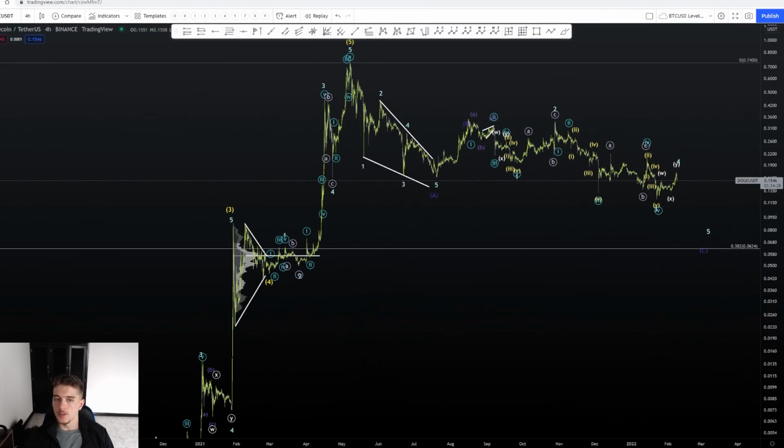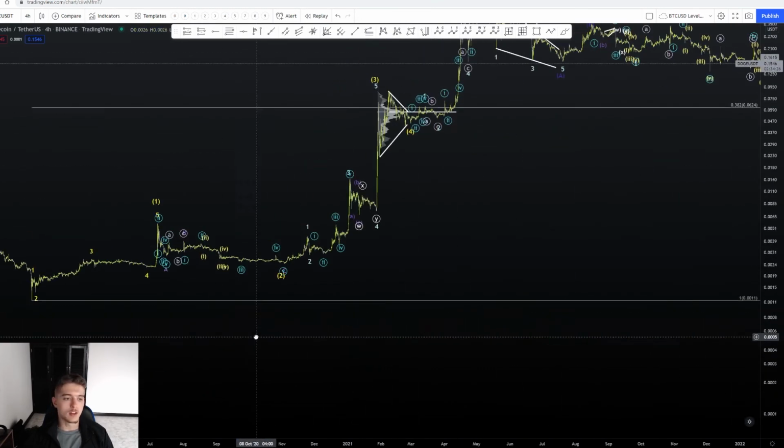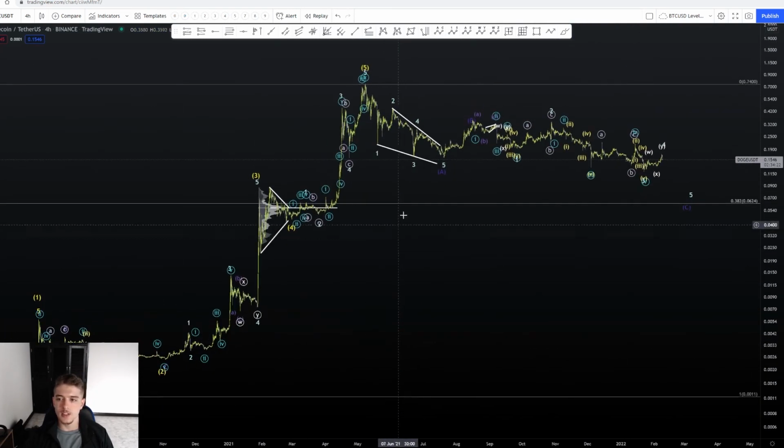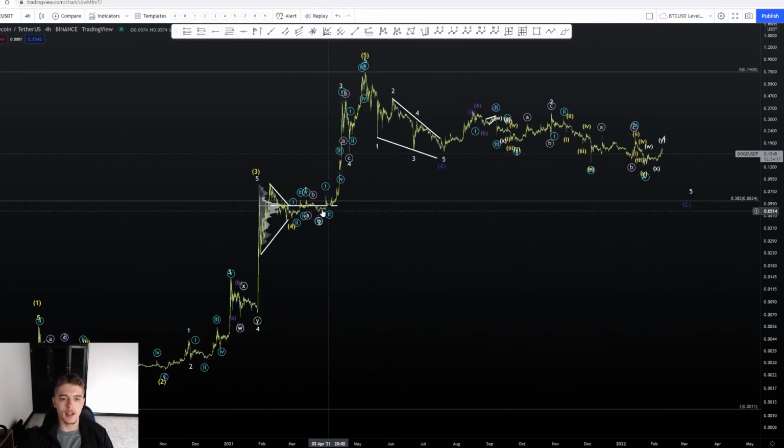Then we have a Fibonacci retracement pulled from the low down here to the high up here. And we can see the 0.382, like I mentioned to you guys earlier in the macro count, is lining up pretty nicely with this order block right here.